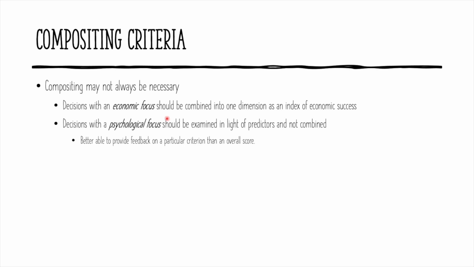So these should be examined in light of predictors and not combined. You want to look at those individual dimensions, because if you just aggregate into one, you can't give feedback, you can't improve, etc. So, for example, it's better to get feedback on, you didn't make the cut this time for the grad program.